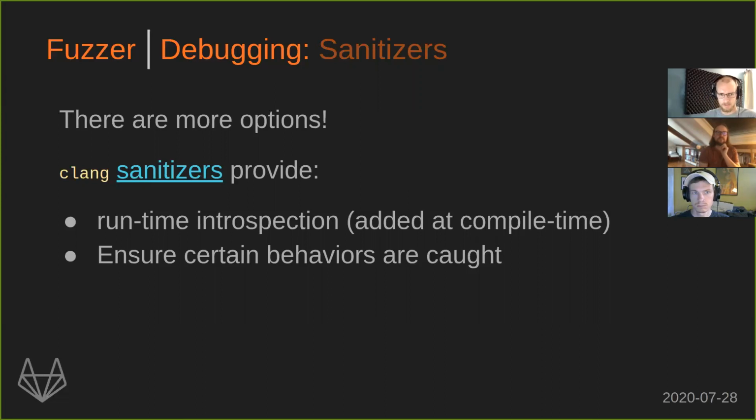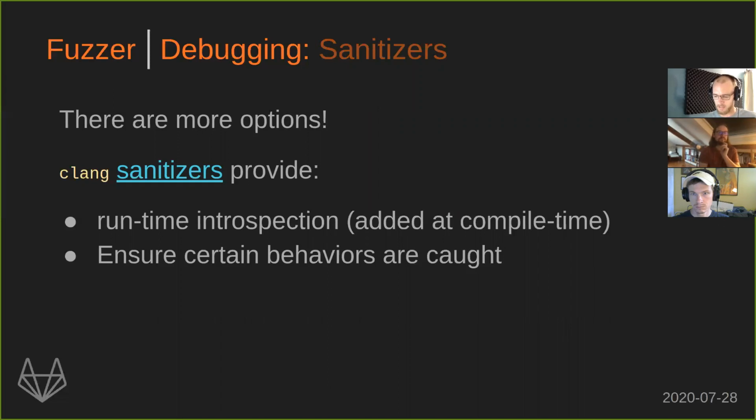And then transformations are performed on top of the IR. And then after that, the IR is transformed to architecture-specific machine code. So the sanitizers operate on the IR, and they insert instrumentation in different ways so that we can get extra feedback about how things are occurring.